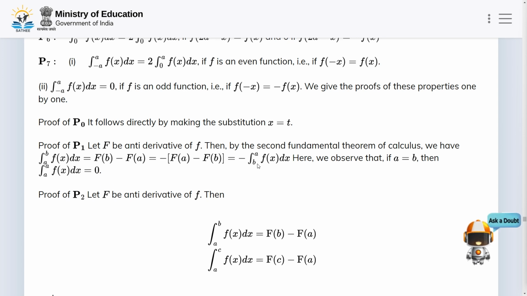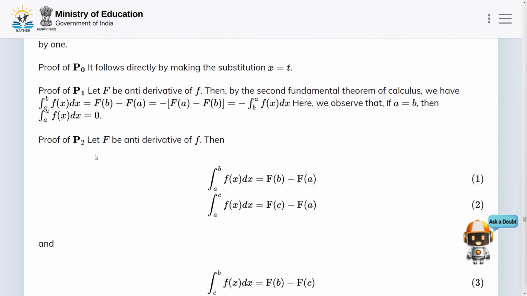You put a equal to b, so here you will get the definite integral a to a of f(x) dx is the same as minus the integral a to a of f(x) dx. This means add them, take the right hand side to the left hand side, and you will get twice the definite integral a to a of f(x) dx is equal to 0. Then divide both sides by 2, you will get this result. Clear? Now property 2.